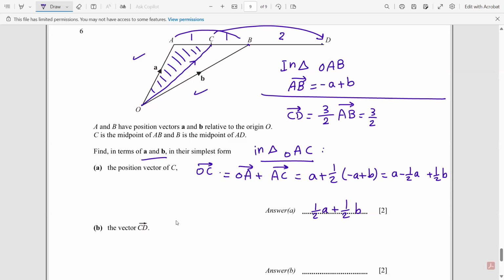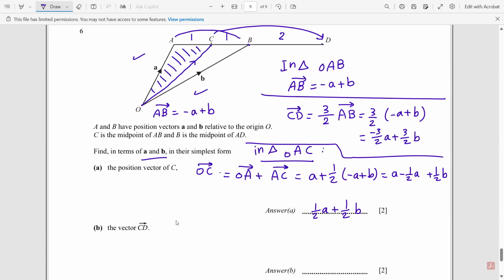The vector AB coming from the triangle OAB as negative A plus B. So come back here. So 3 over 2 times the vector AB, negative A plus B. That's it. Okay. So this answer is negative 3/2 A plus 3/2 B. That's it. This is the vector CD now.